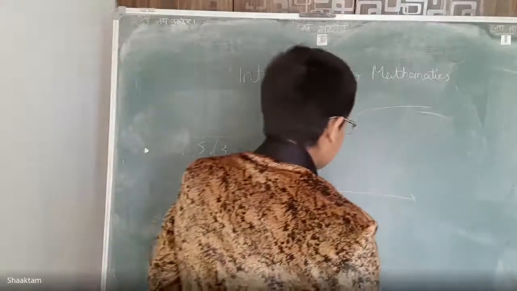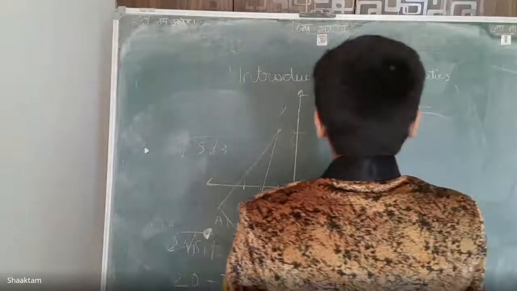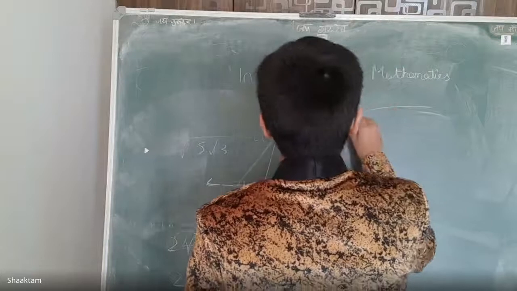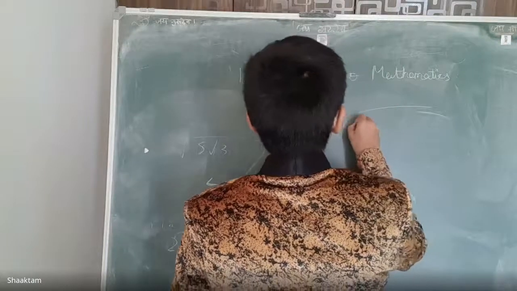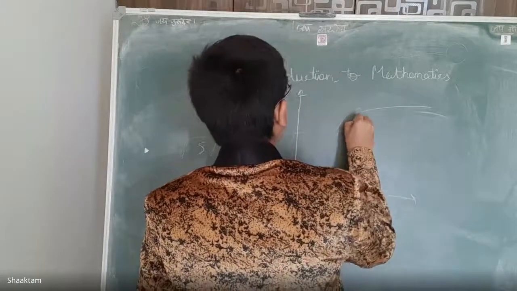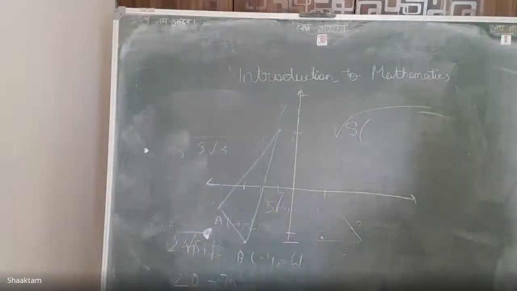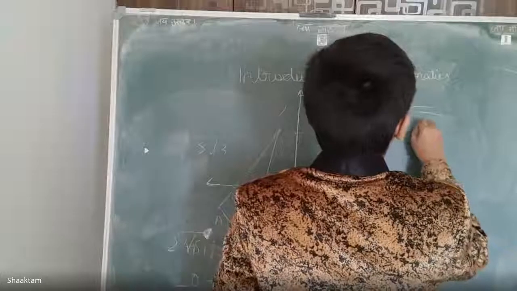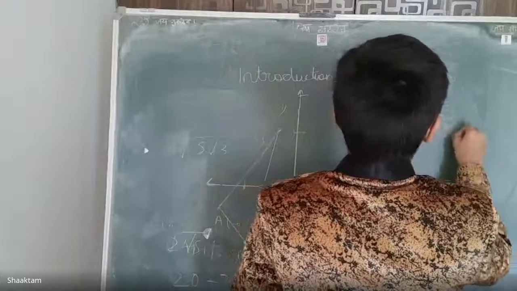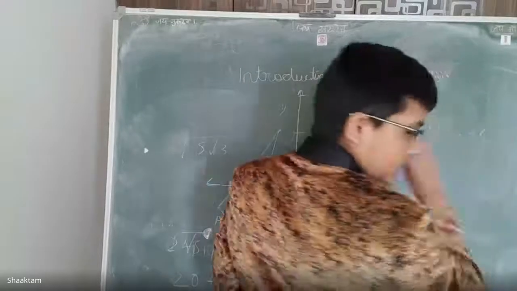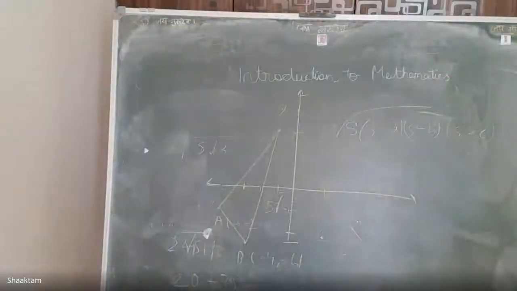So what you will use in this case is S equals A plus B plus C divided by 2, which is the semi-perimeter, and the area is the root of S into S minus A into S minus B into S minus C. So from here, if it's not a right angle triangle, this is a formula which you can use to find out the answer. Fine?